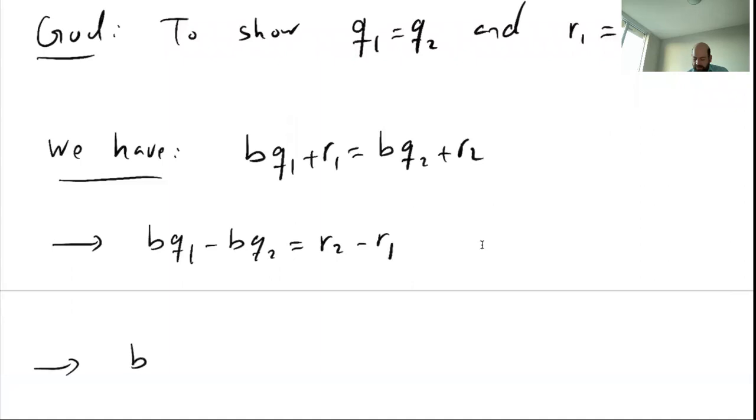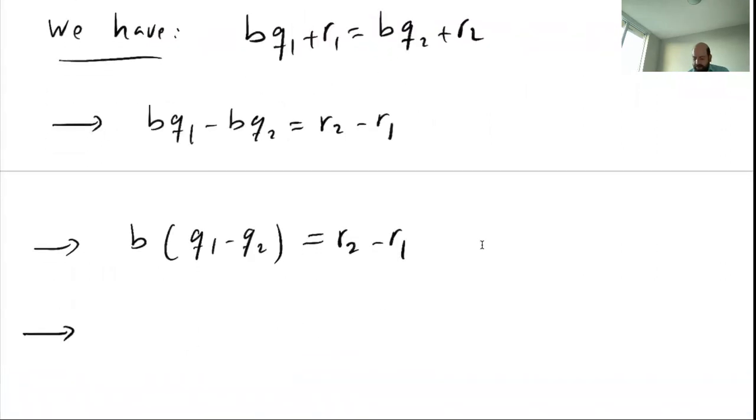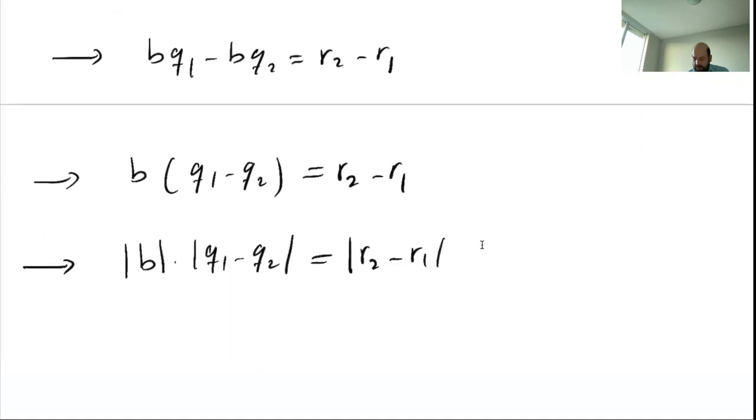That means B times (Q1 minus Q2) equals R2 minus R1. Now, let's take absolute values: absolute value B times absolute value (Q1 minus Q2) equals absolute value (R2 minus R1). And B, remember, is positive by assumption. So B times absolute value (Q1 minus Q2) equals absolute value (R2 minus R1).